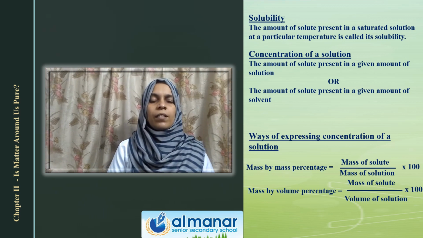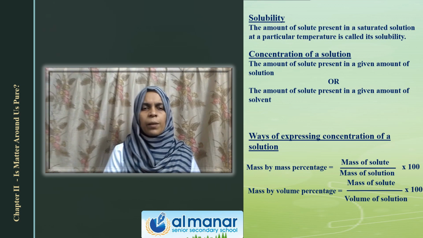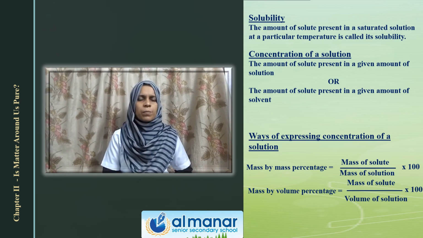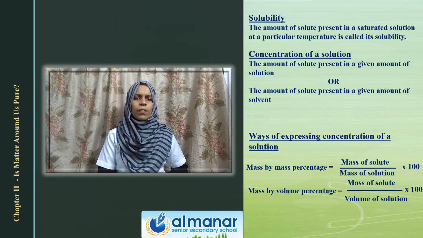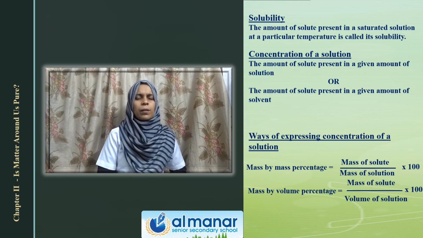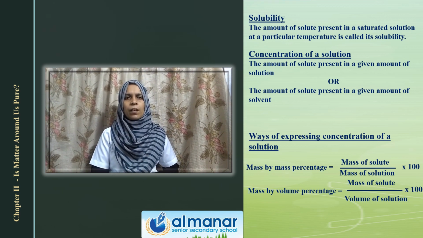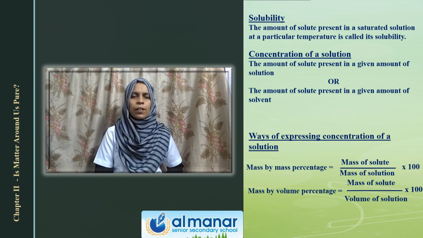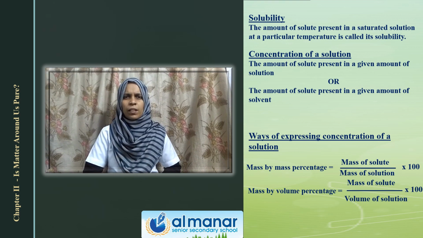So I said the solubility of a solution can be increased by increasing the temperature. So we used a term, solubility. What do we mean by solubility? It is the amount of solute present in a saturated solution at a particular temperature. The amount of solute present in a saturated solution at a particular temperature is known as its solubility.